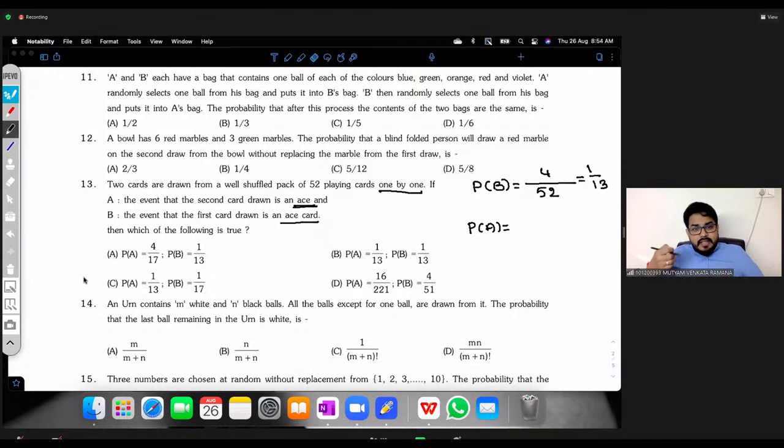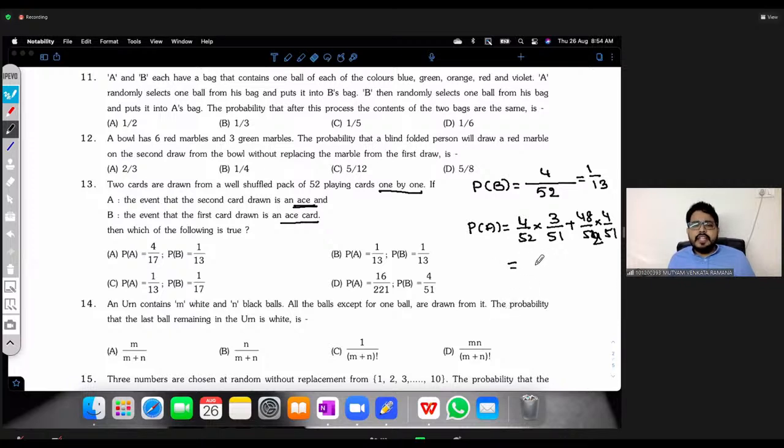So when you're going for the second one, if the first one is an ace, what is the probability of picking an ace? 4 by 52. Now second one also, yes, so you have only 3 by 51. Or if the first one is a non-ace, the second one has to be an ace. So that is 4 by 51.